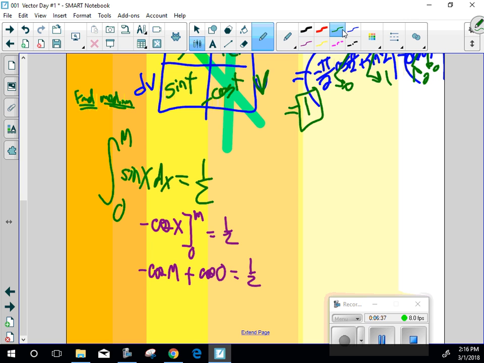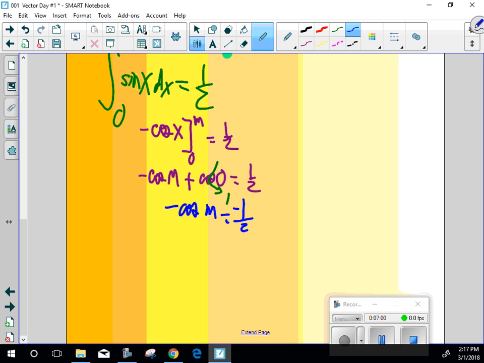Cosine of 0, I remember, is 1. Oh, I did this right. So then this is just going to be negative cosine of m is equal to 1/2 minus 1, which is negative 1/2. That's good, because I want those negatives to go away.